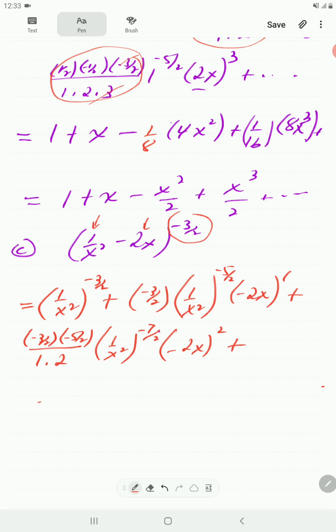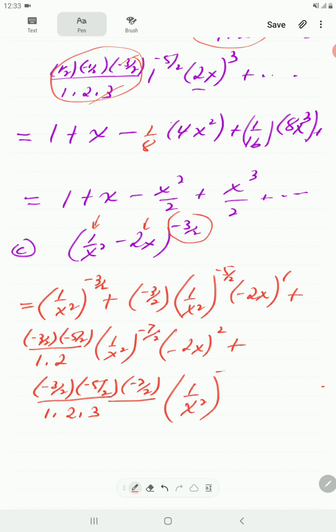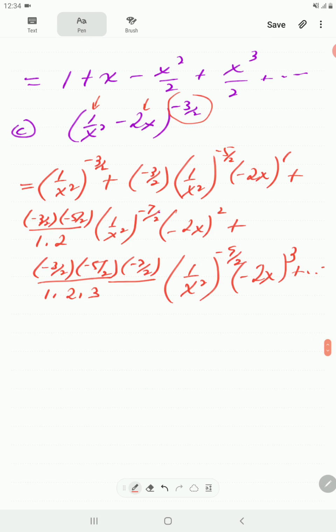And then the fourth term is going to have 1 times 2 times 3, and then 3 terms here: -3 halves, -5 halves, -7 halves. 1/x squared is now to the power -9/2, and -2x is now to the power 3.